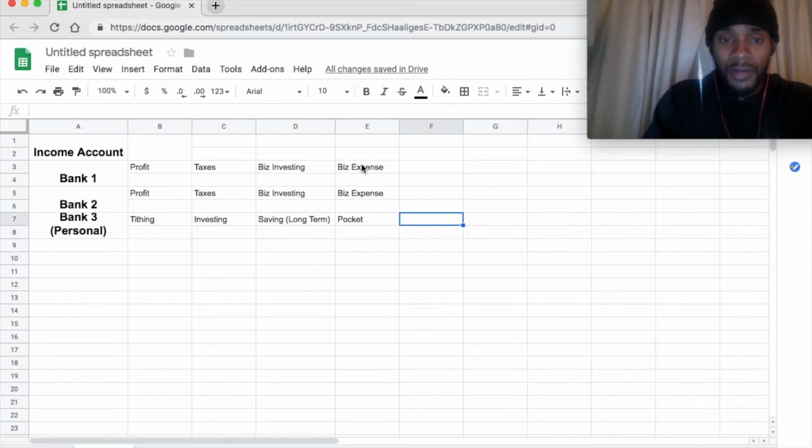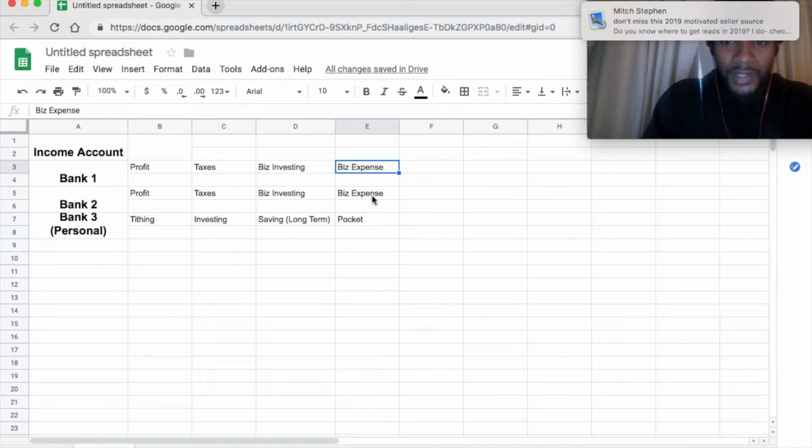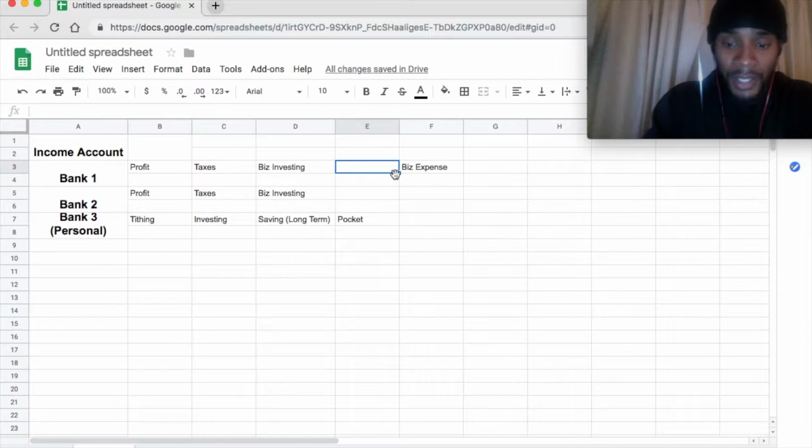Oh, I'm sorry. What I want to do is move these two over because it's better. So right here at the top, you got owner's pay, which is all going to transfer down into, boom, boom, boom, boom.